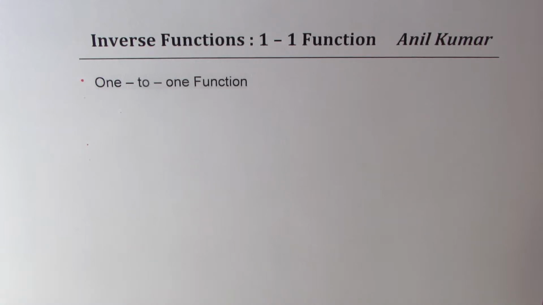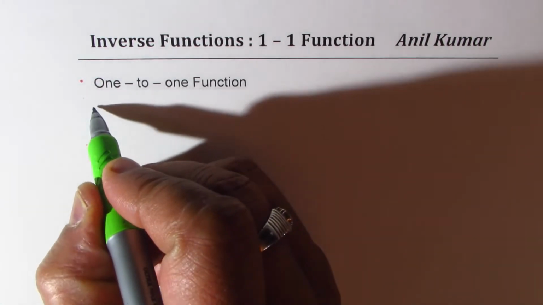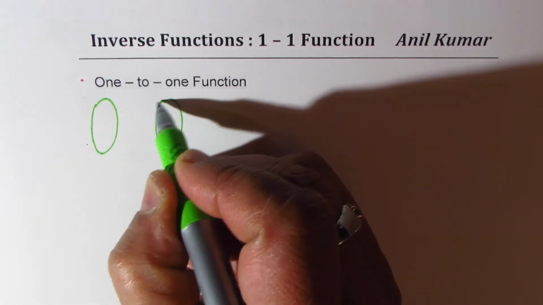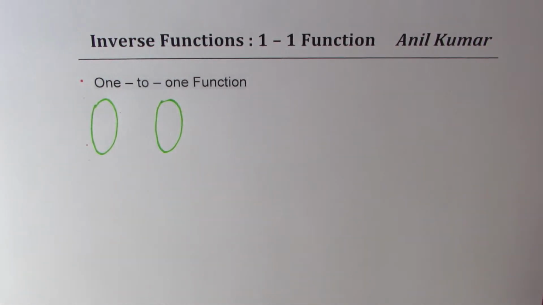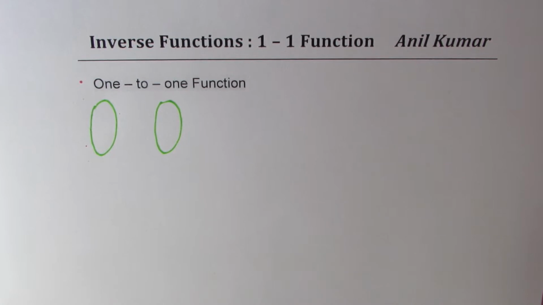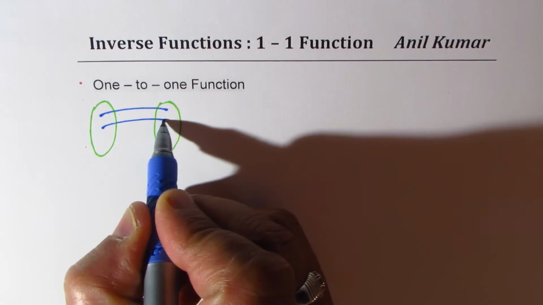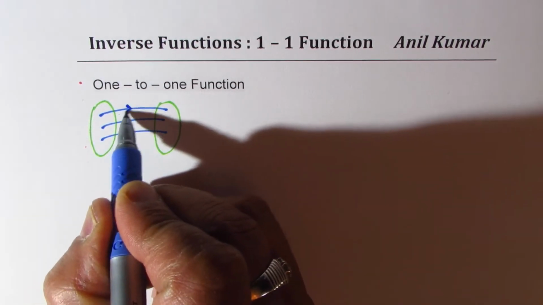Let me give you some examples first. Mapping diagram is a nice thing to begin with. It clearly indicates what we are trying to show here. So let's say these are the two groups, and that is how they are related.